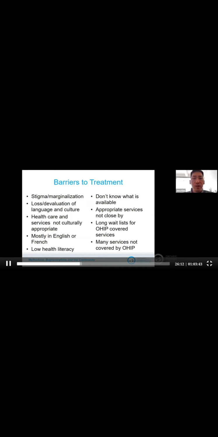When we're looking at barriers to treatment, there are many barriers, including stigma, marginalization, healthcare and services that may not be culturally appropriate, low health literacy, and treatments and healthcare that may not be available in their own languages.